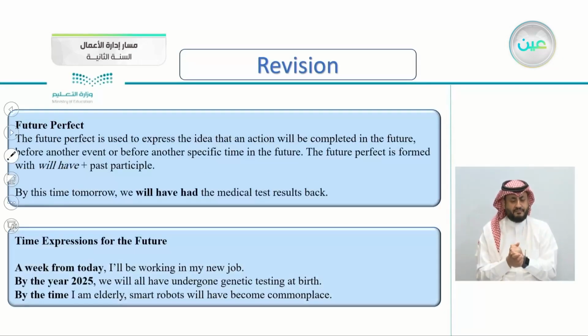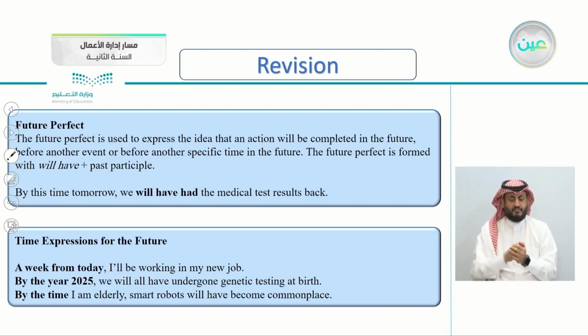And the future perfect is used to express the idea that an action will be completed in the future before another event, or before another specific time. So we have two events, two actions. An action will be completed before another event, or will be completed before another specific time in the future. And the form of the future perfect is will have plus the past participle.